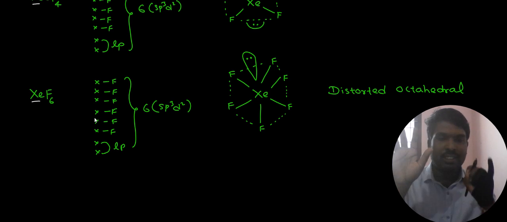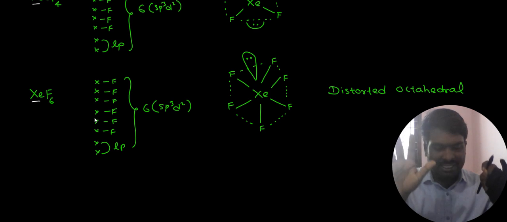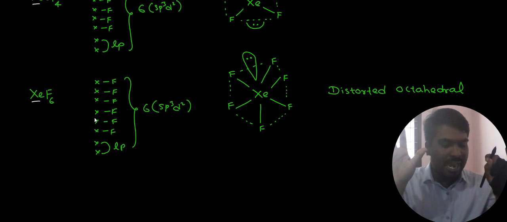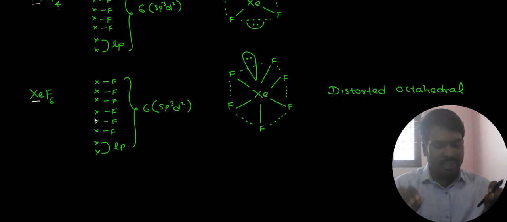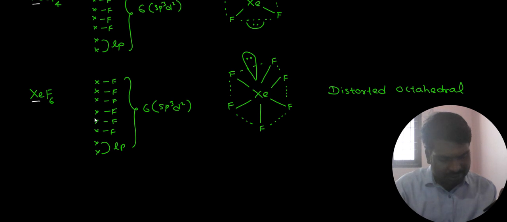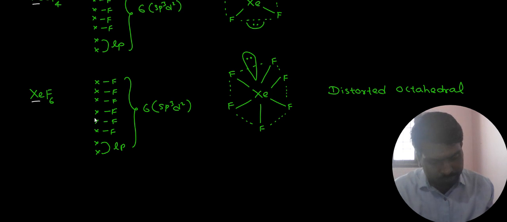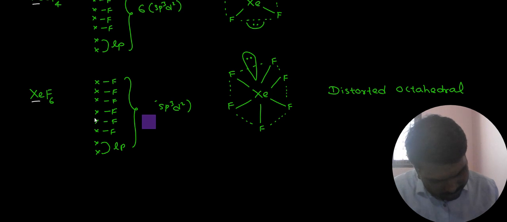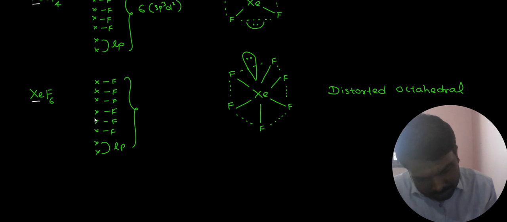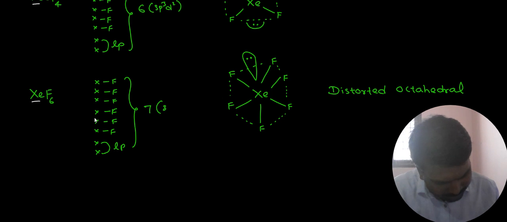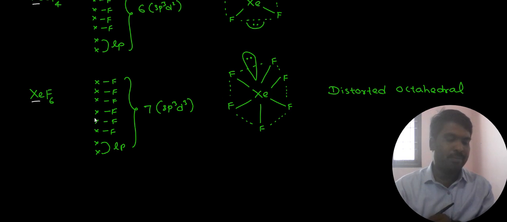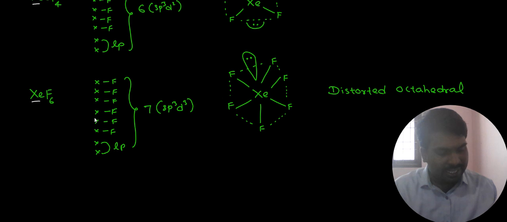Total how many? 6 bond pairs plus 1 lone pair, total 7. 7 means sp3d3. Clear? sp3d3.